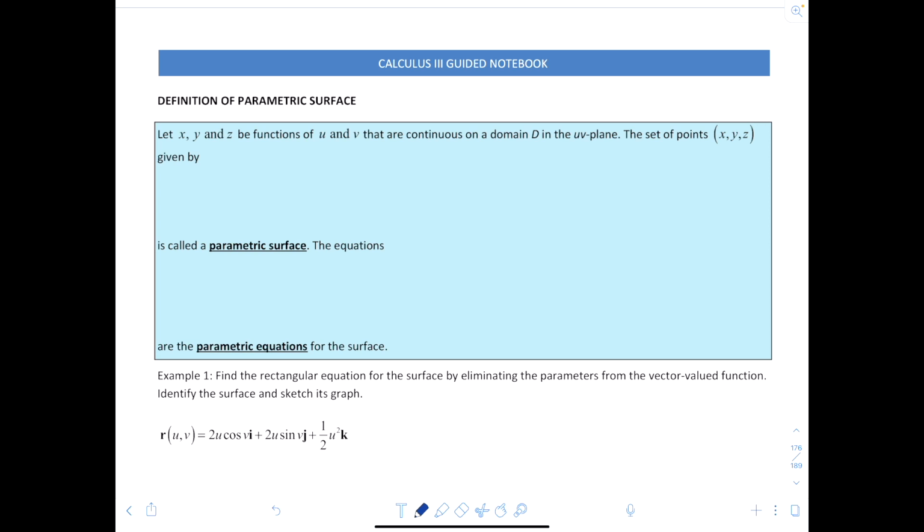So the set of points x, y, and z given by r at u and v is equal to x at u and v, so now x is a function of two variables, times i plus y at u and v times j plus z at u and v times k, is called a parametric surface.